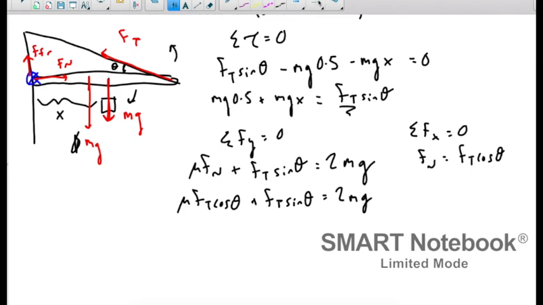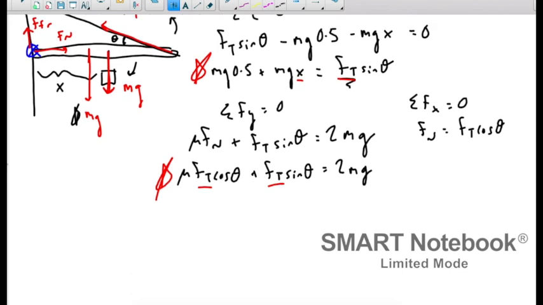So basically right now, I hope you guys understand, I have two equations with two unknowns. The x is my unknown and the force of tension is my unknown. Last time, remember, I just divided the two equations. This time it's not that simple because my force of tension is kind of split up here amongst these two. So you're welcome to do whatever you would like. You can factor out a force of tension and then maybe try to divide them. That would be a good way of going about it.